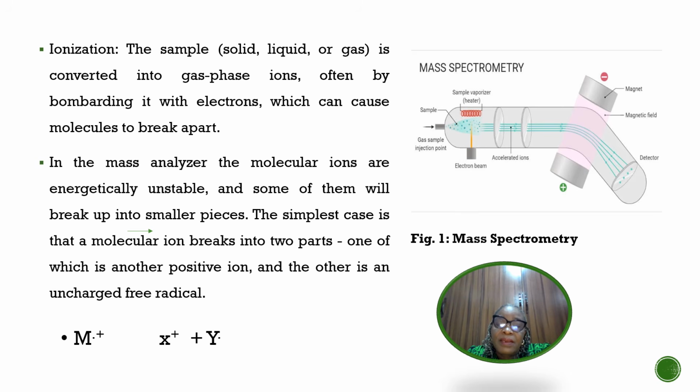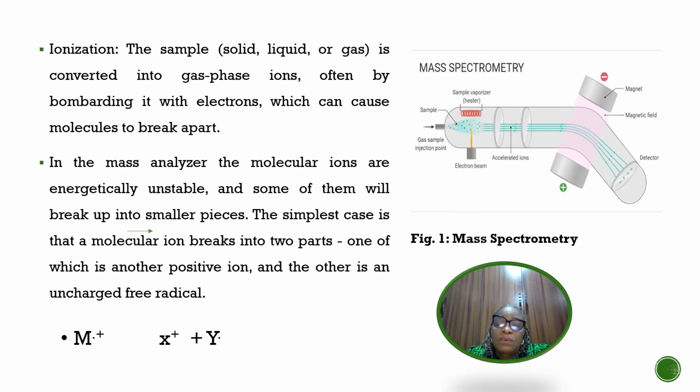In the mass analyzer, the molecular ions are energetically unstable, and some of them will break up into smaller pieces. The simplest case is that a molecular ion breaks into two parts, one of which is a positive ion, and the other is an uncharged free radical.